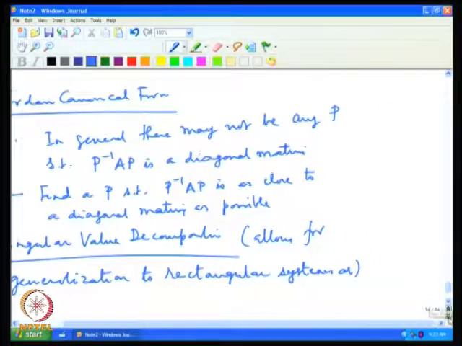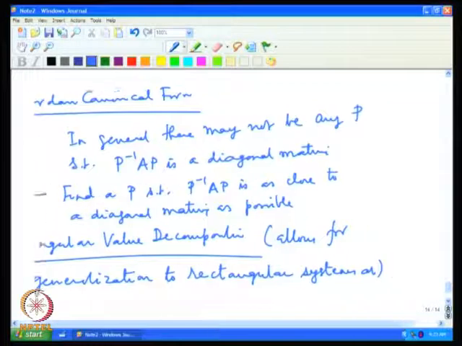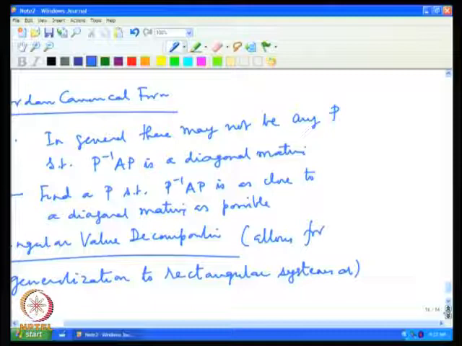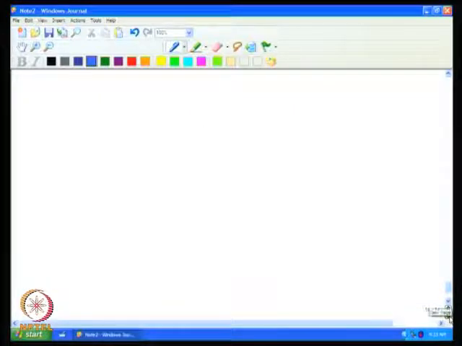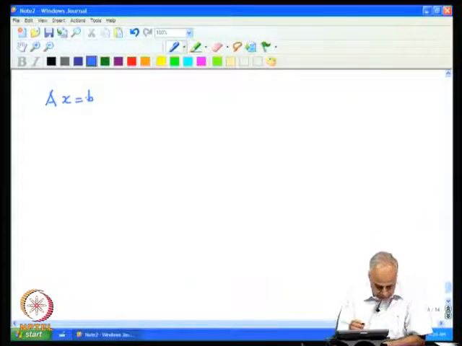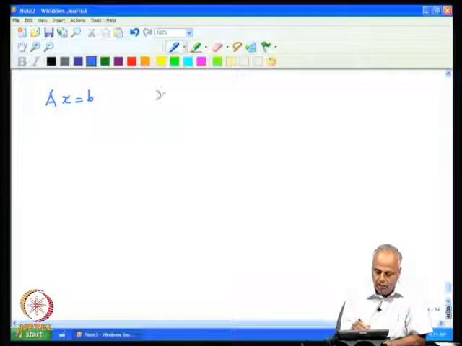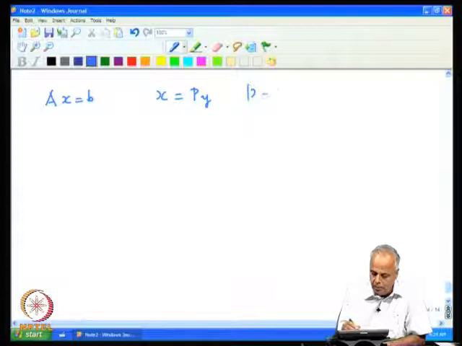Now, what is this singular value decomposition? Recall that we had the system Ax equal to b and we introduced the transformation of variable x equal to Py, b equal to Pz.